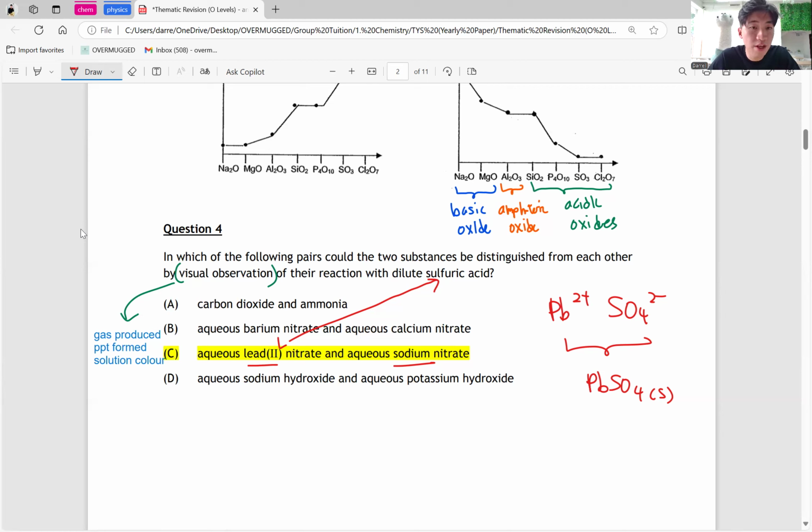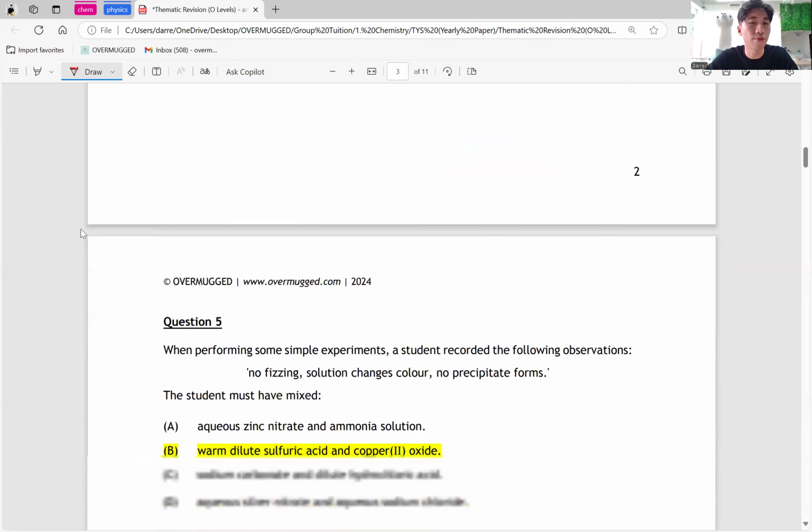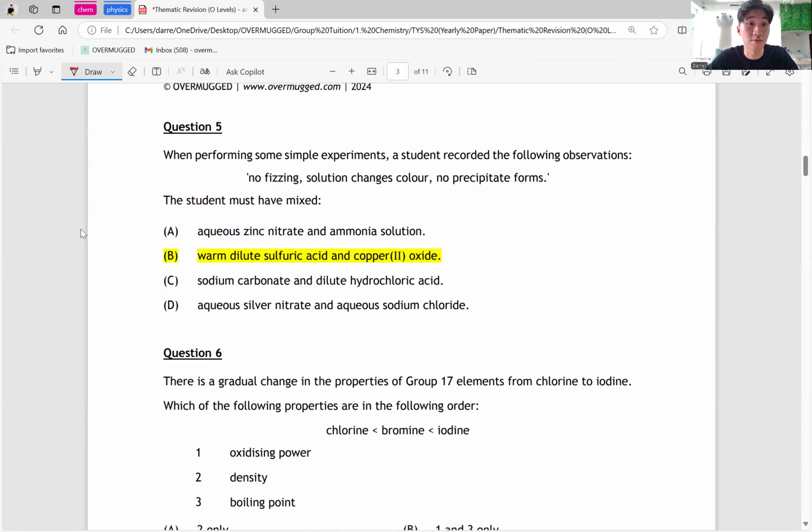So the visual observation is actually the clue, the question analysis that you need to be able to do in order to get closer to the answer itself. Okay, of course, there still needs to be some level of content mastery for you to solve such questions, right? So it's not something that you can do from scratch. You still need to study first, but the question analysis is very important. And this is not a process that you want to rush through.